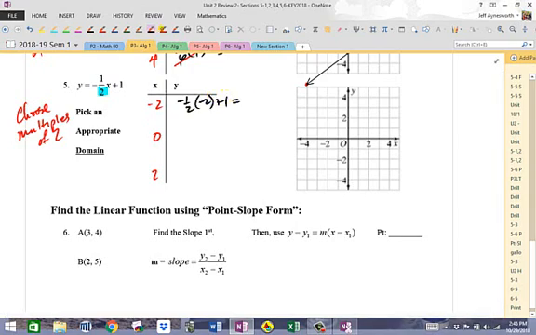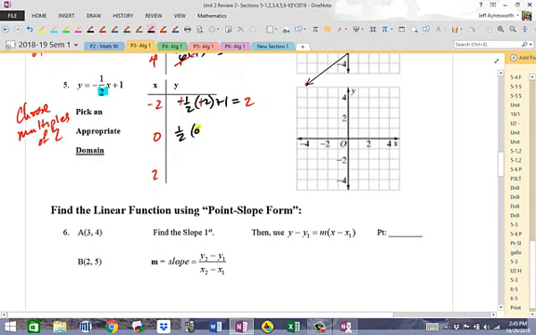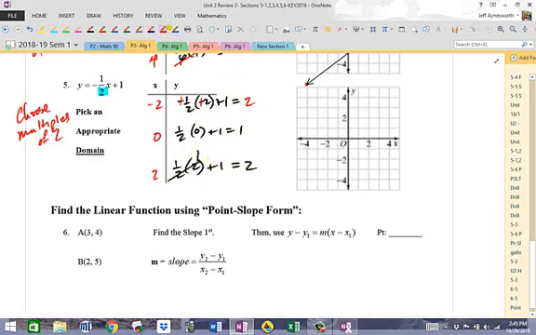Simplify: negative times a negative is a positive, 1/2 of 2 is 1, 1 plus 1 is 2. Then 1/2 times 0 plus 1 is obviously 1. And then 1/2 times 2 plus 1 is 1 plus 1 or 2, and then you plot your points. So -2, 2, 0, 1, and 2, whoa, something's wrong here.